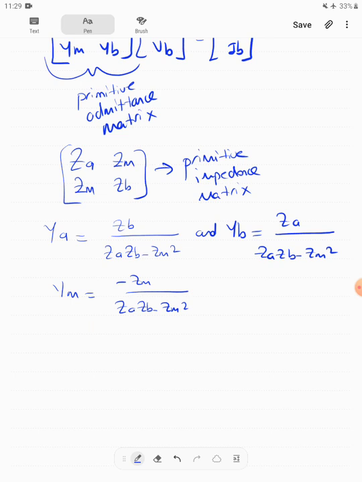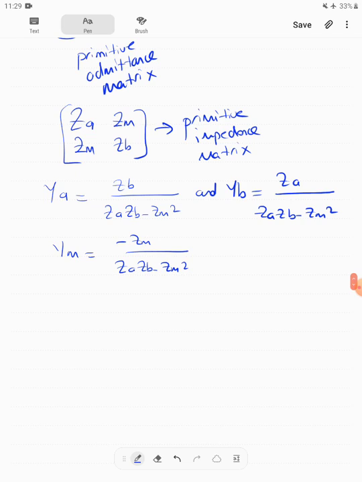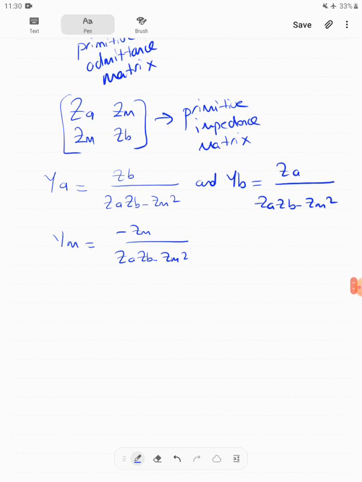I mean, they are reciprocal of each other, and each element of the primitive admittance matrix can be written in terms of the elements of the primitive impedance matrix. You can check this situation with these last three equations.